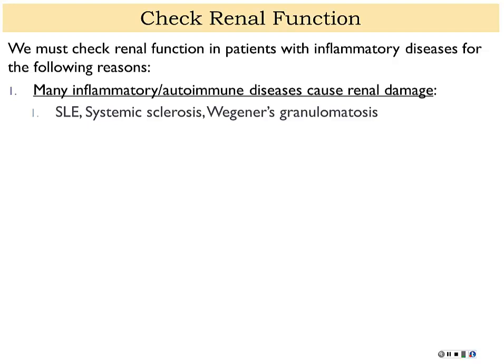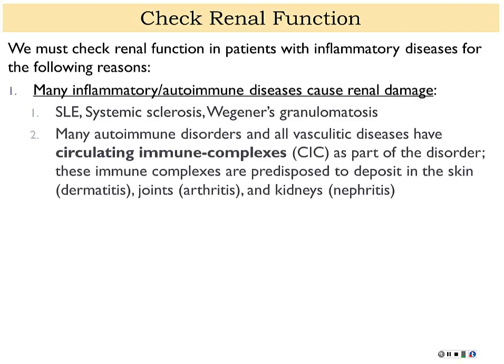Wegener's granulomatosis and all of the other vasculitic immune complex mediated diseases often have renal impairment as part of the clinical picture there too. So again, when we're managing these more complex metabolic and inflammatory diseases, we often have to take into consideration what's going on with the kidneys.